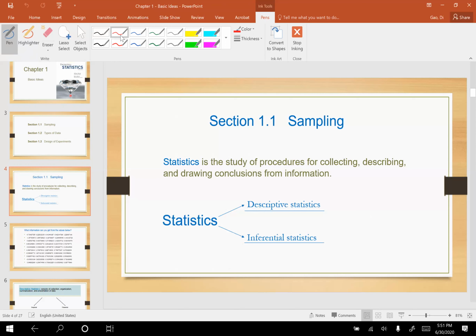But the daily statistics that you see in your daily life are more about descriptive statistics, and that's only one branch of the science of statistics. We actually have two main areas. The first one we just discussed, descriptive statistics, and the second one, which is very important, is inferential statistics.